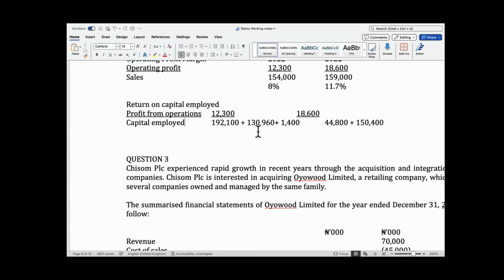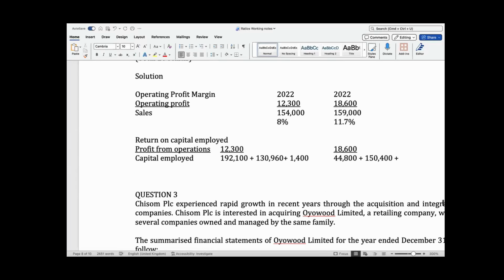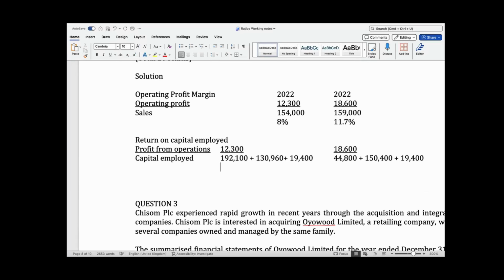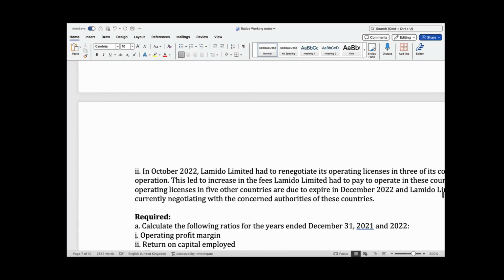This is not just enough. Plus the short-term debt is also 19,440.